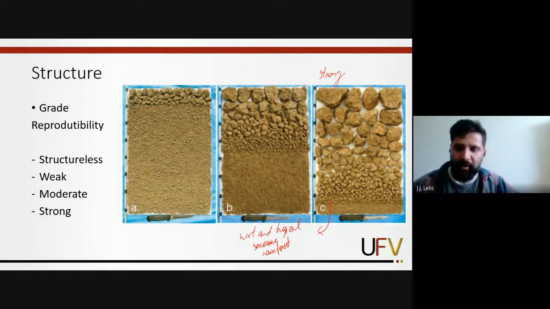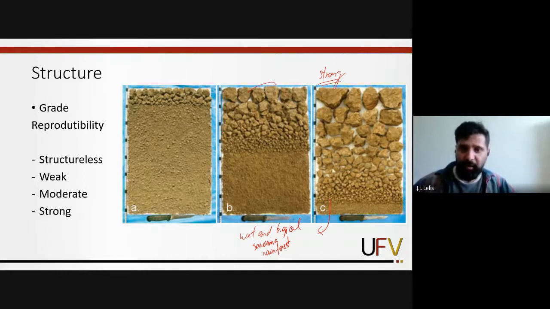Okay, we can find this kind of structure because the vegetation cover, the roots, and the activity of animals help the formation of a strong grade because they create a lot of voids and they help the formation of strong aggregates, strong pads, and they create a strong grade too.